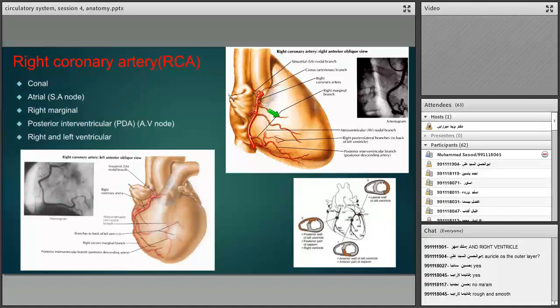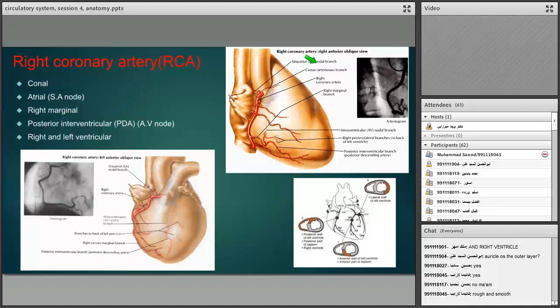One of the most important branches of the right coronary artery is sending the blood to the SA node, the sinoatrial node. I will explain the SA node and AV node in this session, okay?